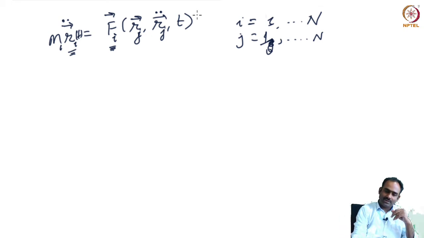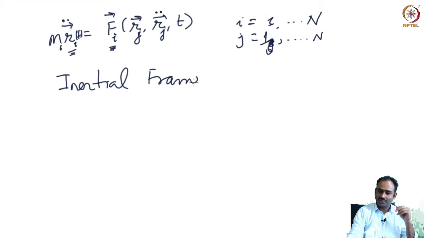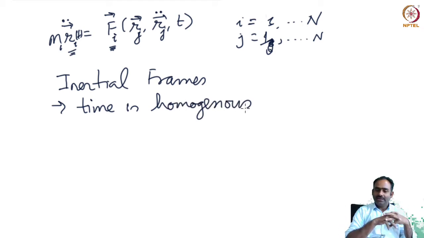So there are special frames, called inertial frames, in which time flows in a homogeneous manner. Time is homogeneous. Okay, that's nice.